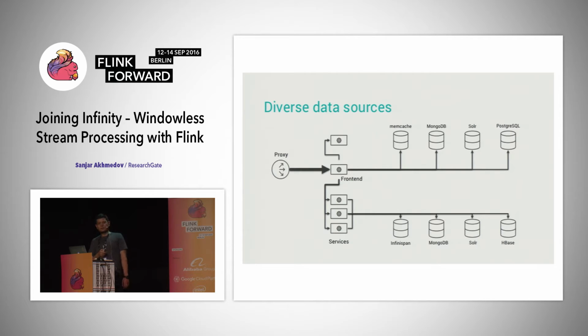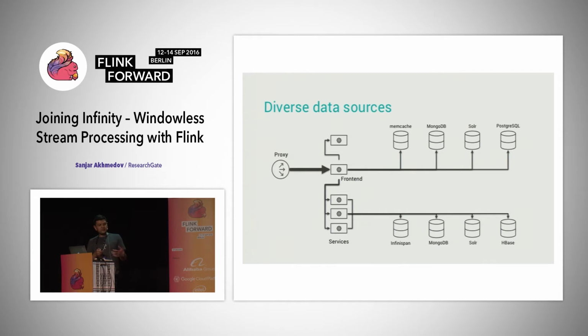But first, about our current technical state of things: we have lots of services which own the data, and the data can be stored in diverse types of systems, like caches, Mongo, Solr, search indexes, HBase. There is even SQL. So we have lots of data, and it's not stored in a single unified manner.